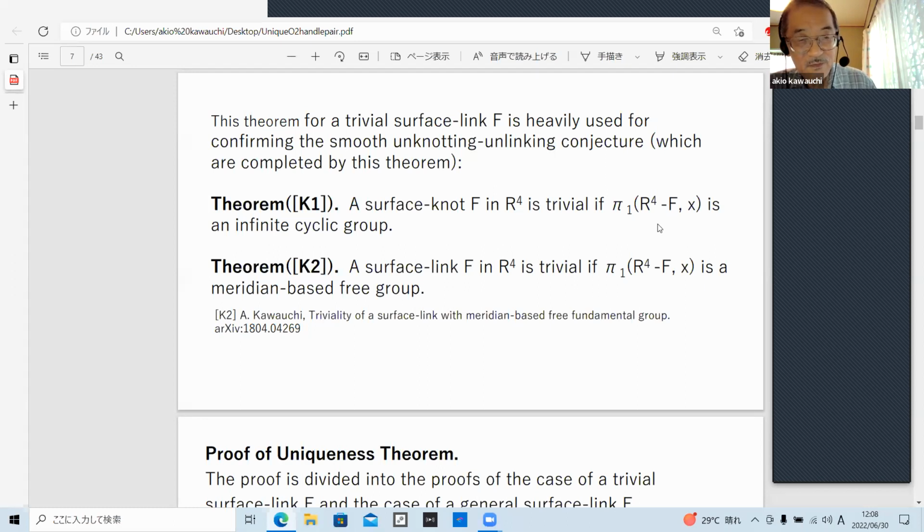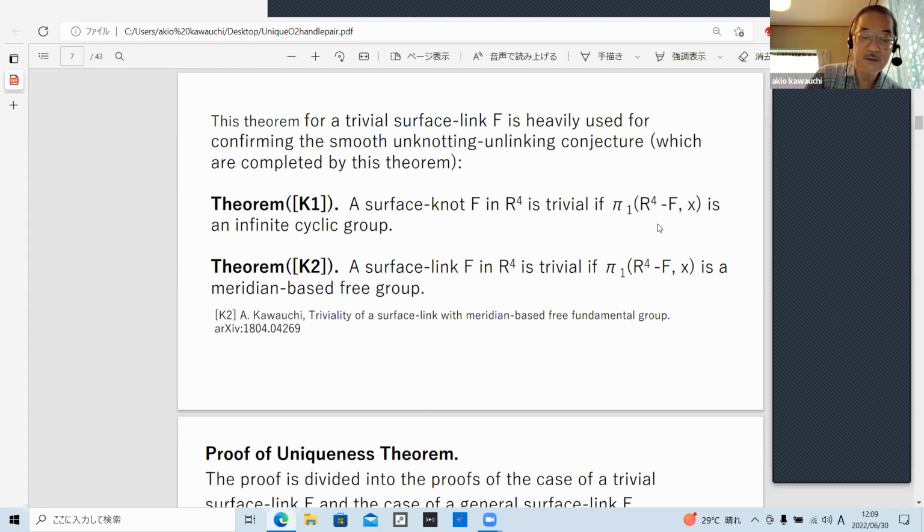Theorem 1 is in the reference 1 paper. It says a surface knot F in 4-space is trivial if the fundamental group is an infinite cyclic group, and a surface link F in 4-space is trivial if the fundamental group is a meridian-based free group.